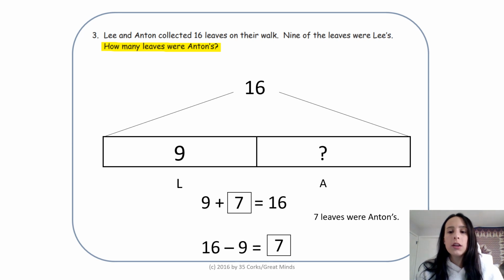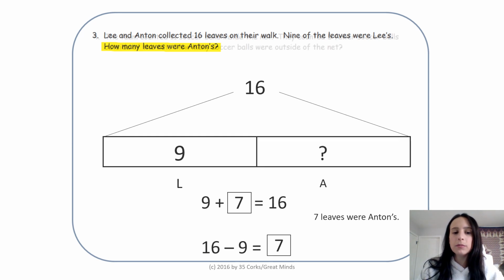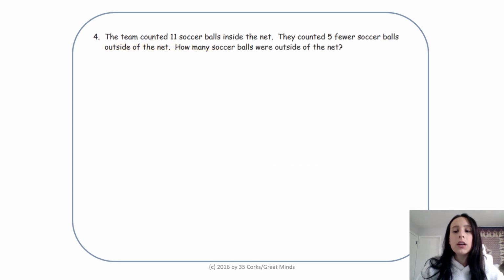Now we're going to do another one. Number 4. The team counted 11 soccer balls inside the net. They counted 5 fewer soccer balls outside of the net. How many soccer balls were outside of the net?